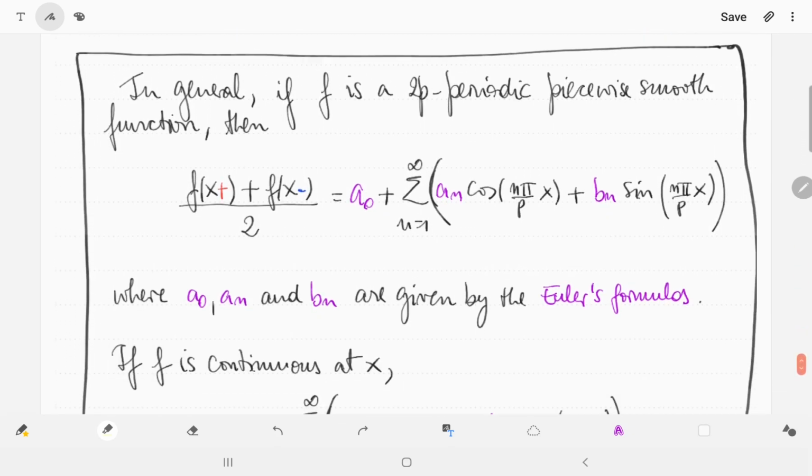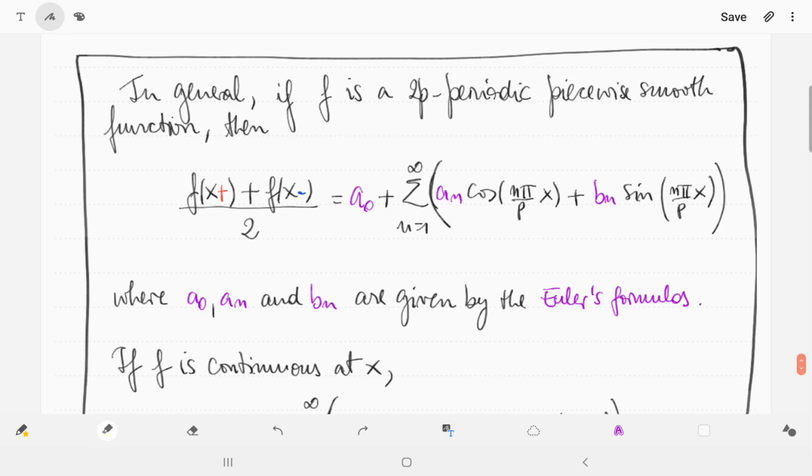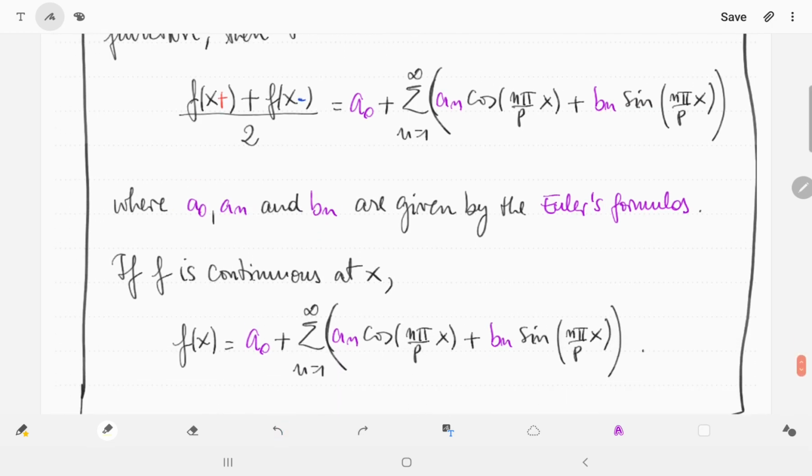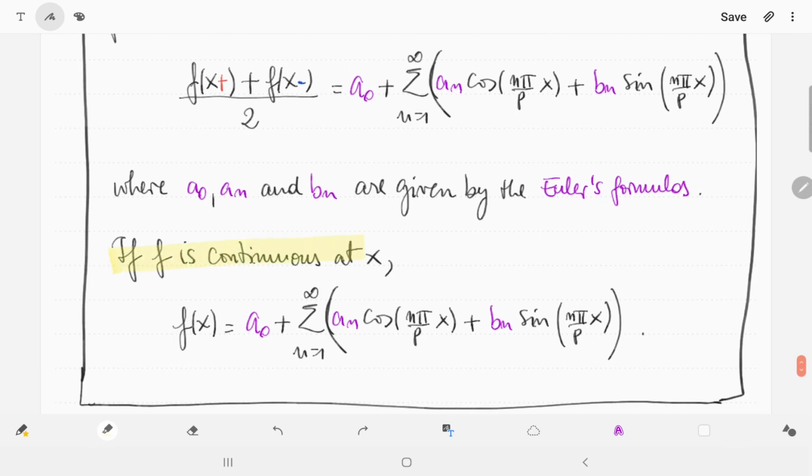In general, if f is a 2p periodic, piecewise smooth function, then the Fourier series representation of f is exactly the average of the right and left limits of f at x, where a0, am, bn are given by Euler's formulas. And a final remark: if f is continuous at x, then this average is exactly f at x, and the Fourier series representation coincides with f at x.